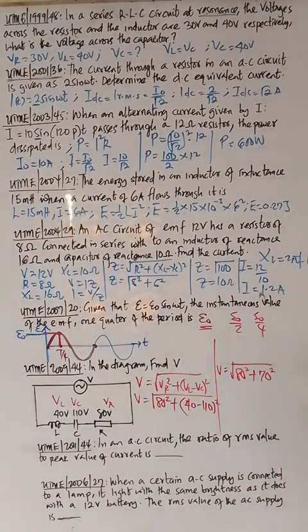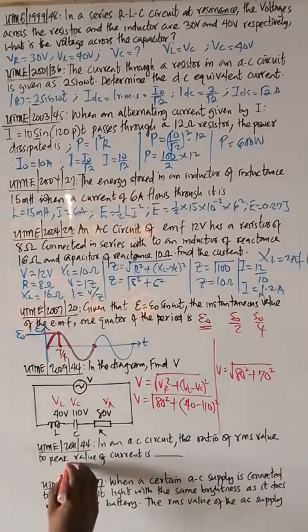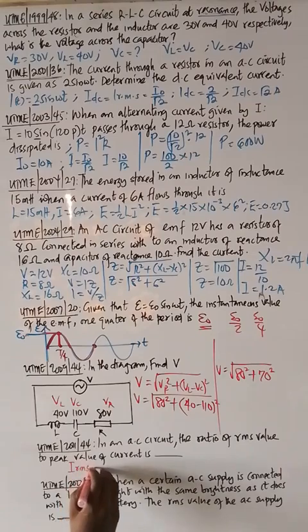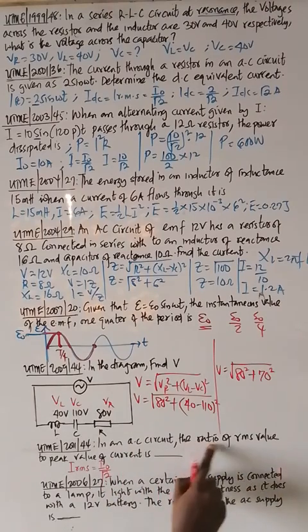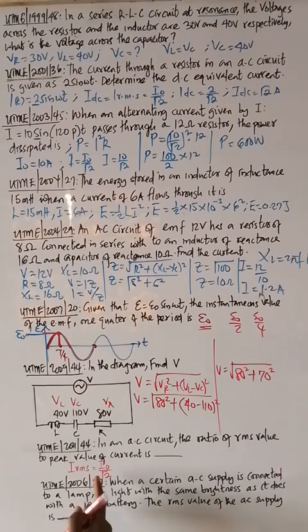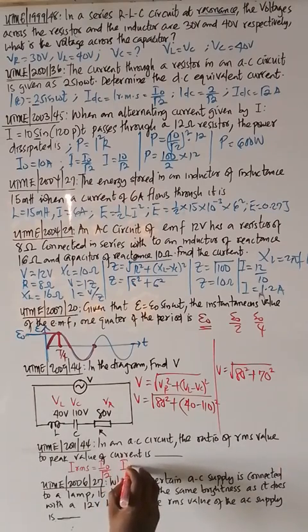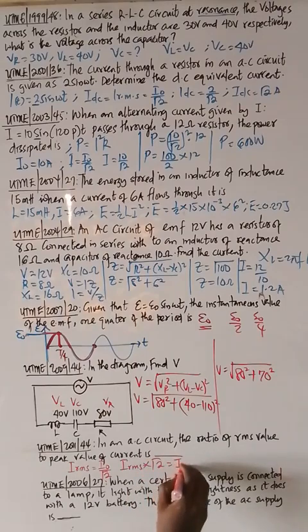Next, in an AC circuit, the ratio of the RMS value to peak value of the current is? Recall that IRMS equals peak value over root 2. We are looking for the ratio of RMS value to peak value, meaning we want I naught here. If we cross multiply, we get IRMS times root 2 equals I naught.